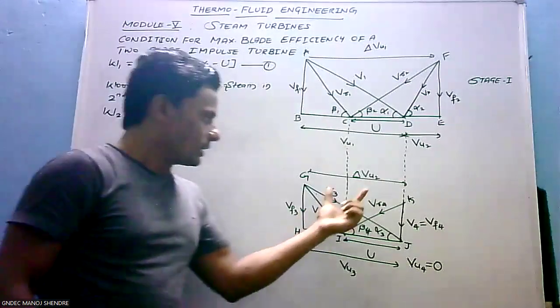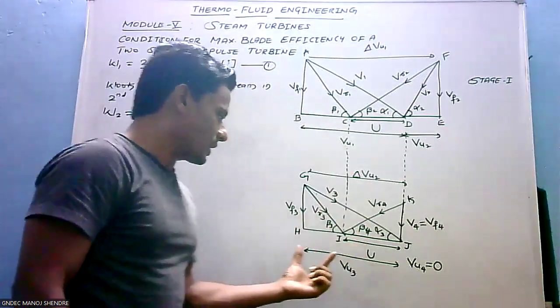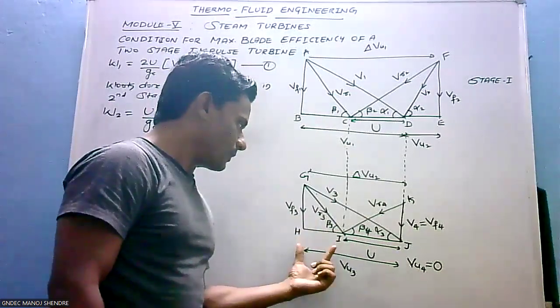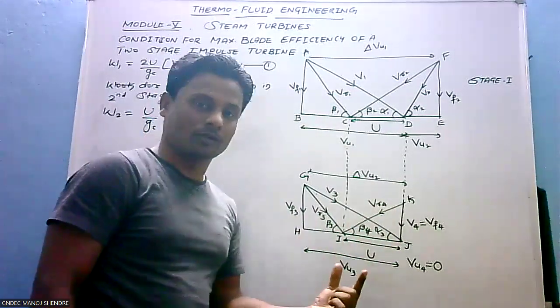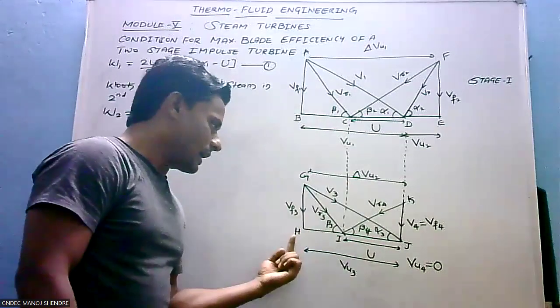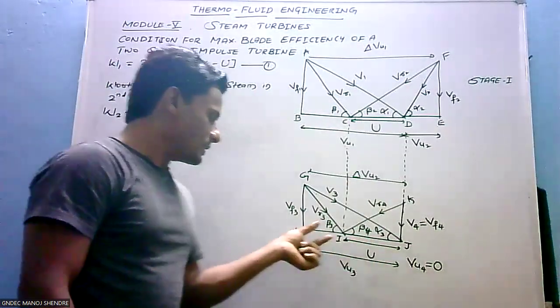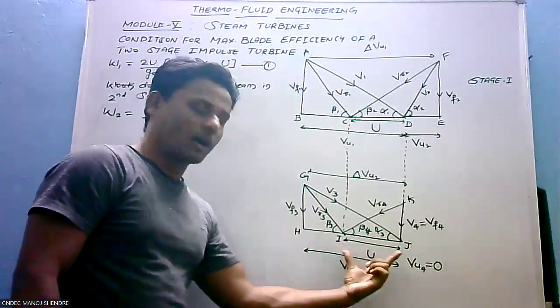Now here, delta VU2, again, can be written as VR3 cos beta 3 plus VR4 cos beta 4, right? The total length from H to J is the sum of HI plus IJ.